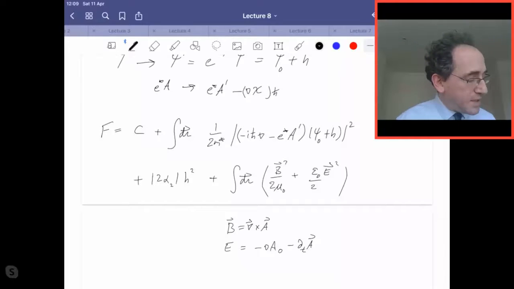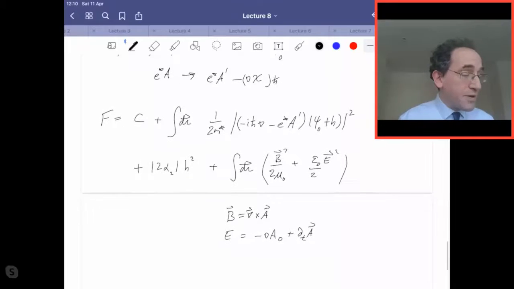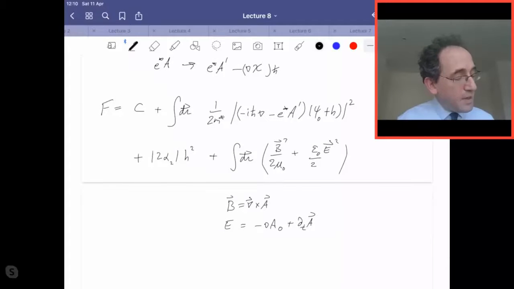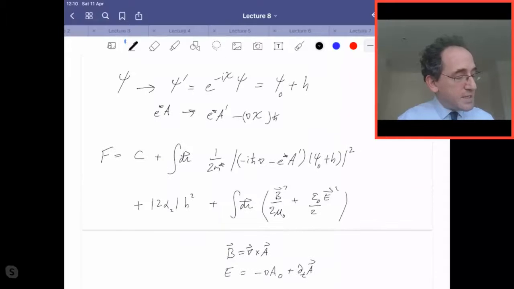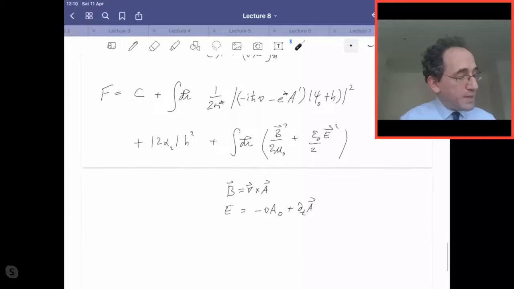I probably have a minus sign wrong here. In either gauge, that's acceptable. Okay. Now, expanding this out and canceling some terms, we get the following expression.